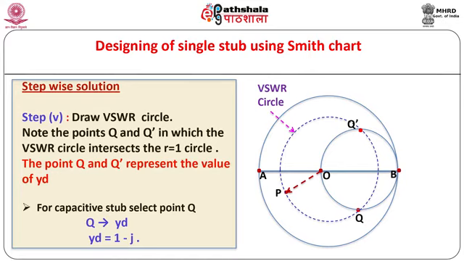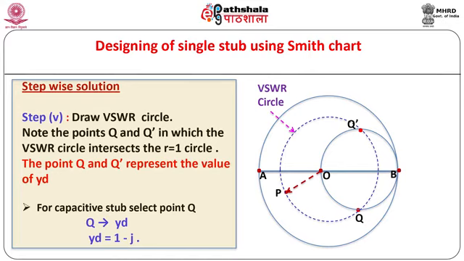Note the points Q and Q dash in which the circle drawn intersects the R equal to 1 circle, now called the G equal to 1 circle of the Smith chart. Note the coordinates G, S of the points Q and Q dash. In this problem, we have Q as 1 minus j and Q dash with 1 and j as the coordinates.